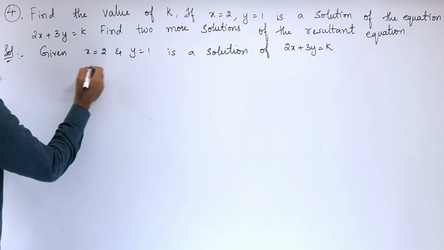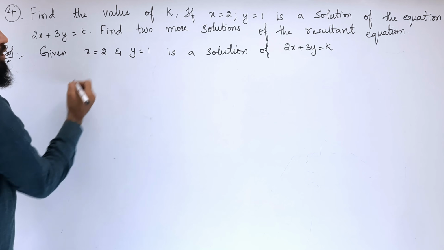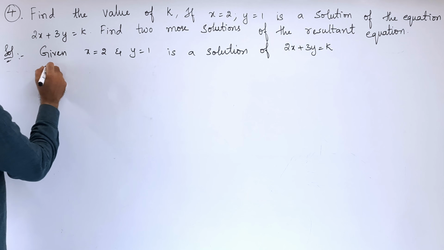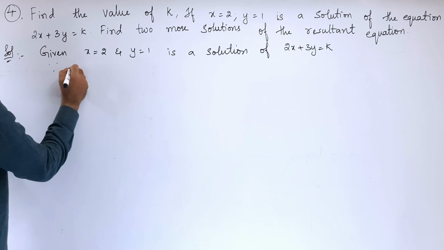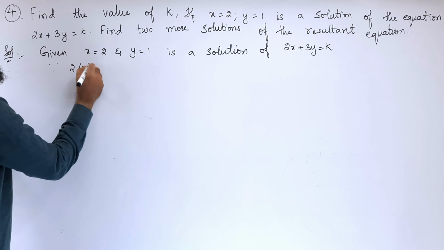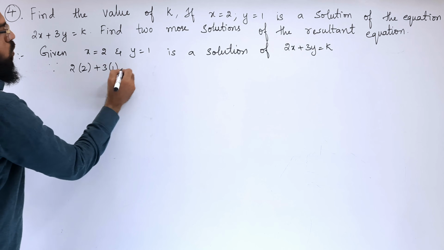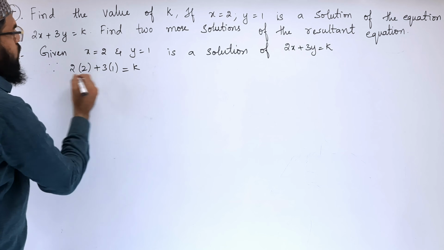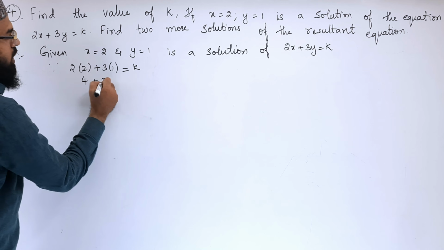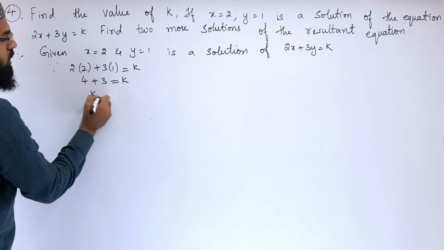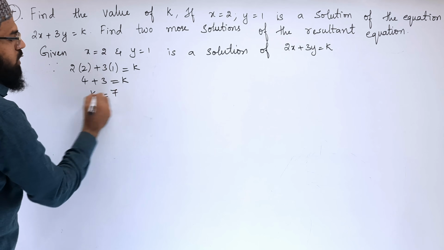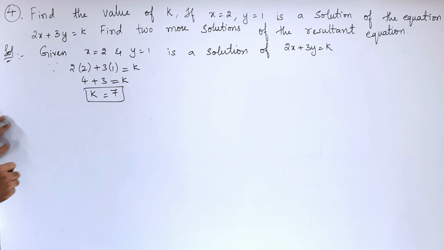Now we will substitute x is equal to 2 and y is equal to 1. So therefore 2 times 2 plus 3 times 1 is equal to k. So 2 2s are 4 plus 3 1s are 3 is equal to k. So k is equal to 4 plus 3, which is 7. So the value of k is 7.